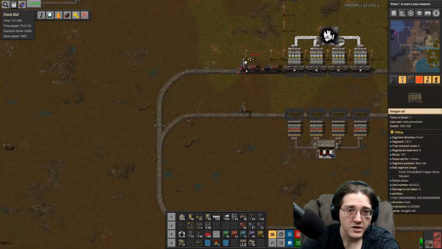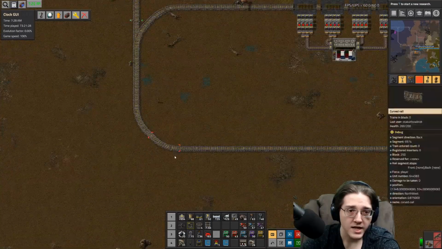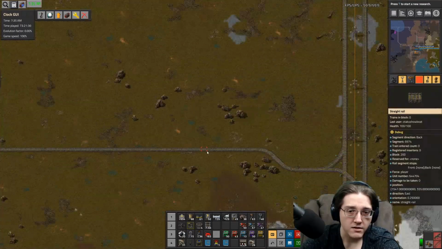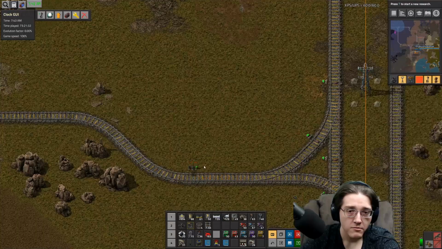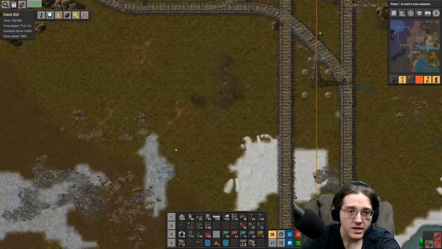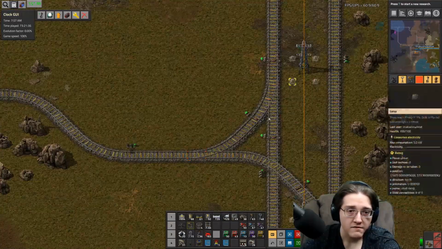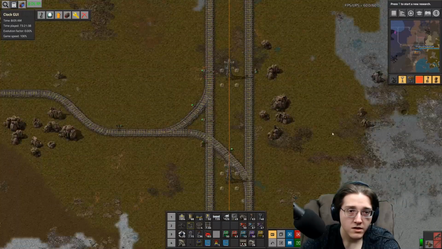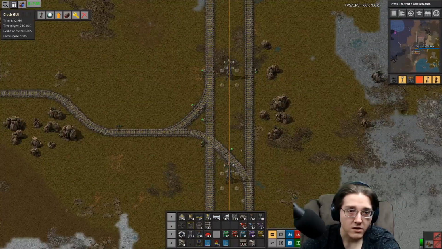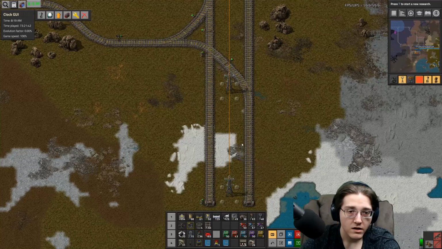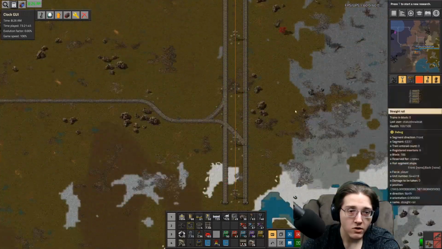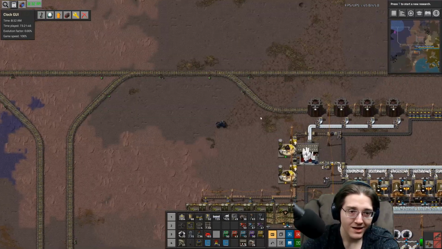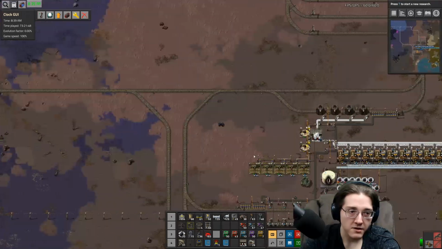Oh, it's still saying no path. Why is it saying still that there is no path? What have I done? I have done the wrong thing here. Yes, I have done the wrong intersection there.